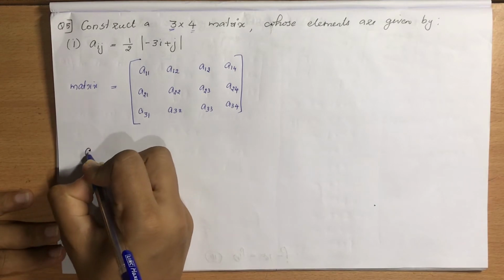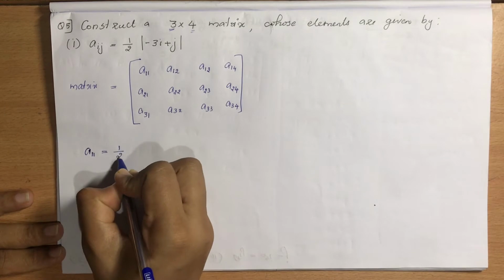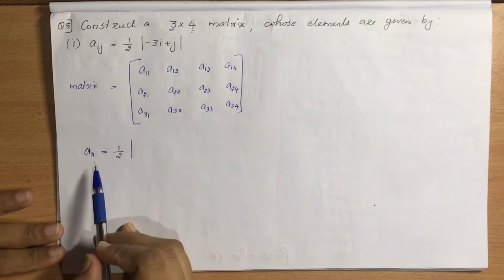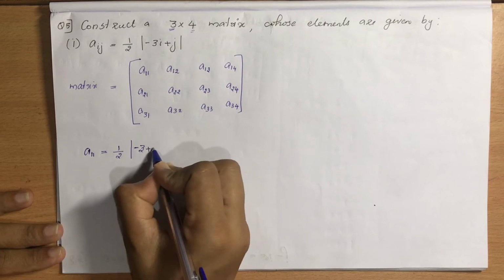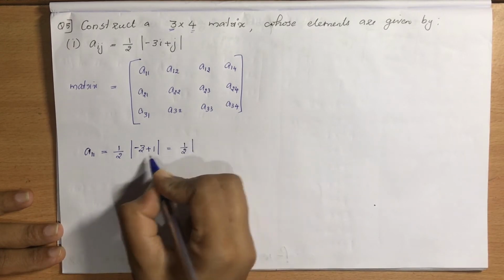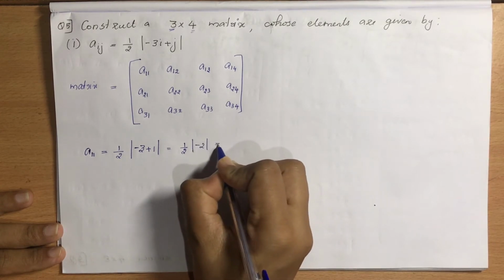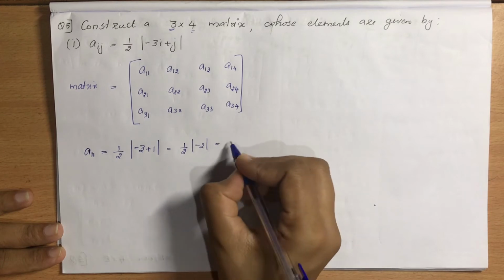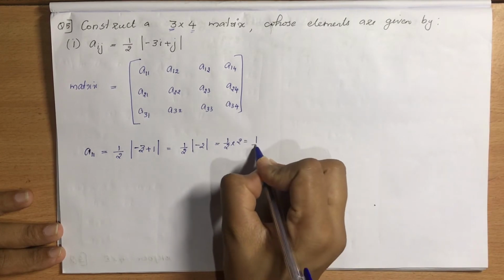So A11 equal to 1 by 2 mod minus 3 into 1 minus 3 plus j is 1. So 1 by 2 mod minus 3 plus 1 is minus 2, correct? So mod minus 2 means what is answer? 2 only. 1 by 2 into 2 is 1.